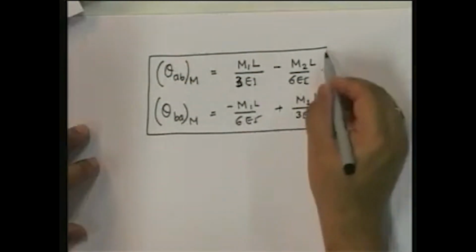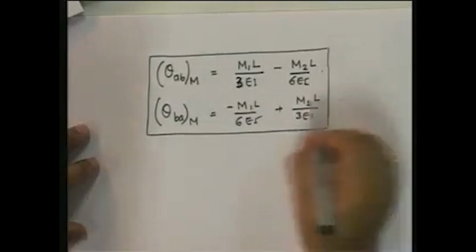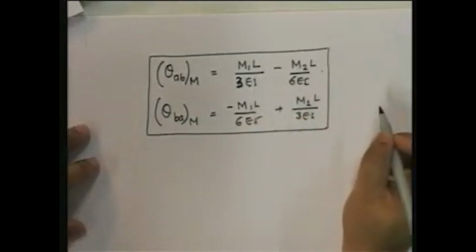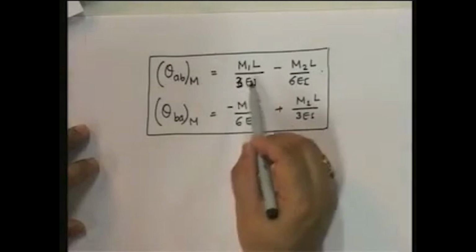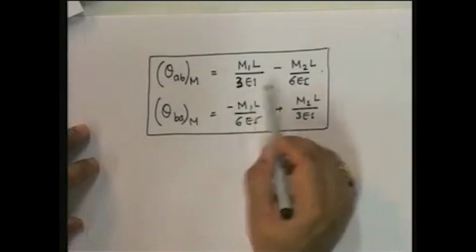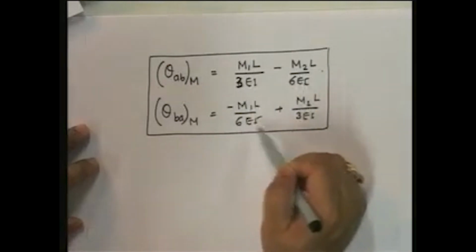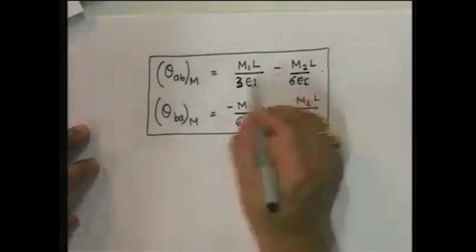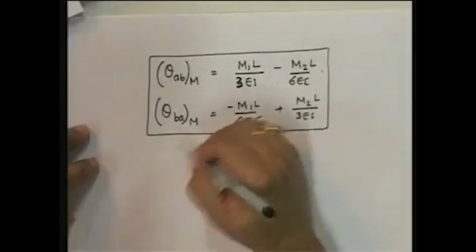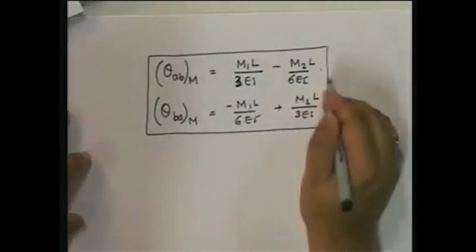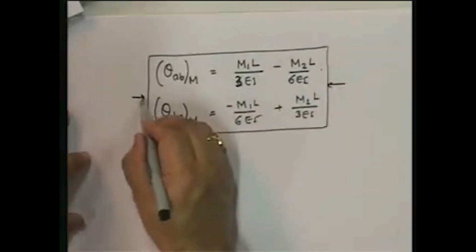Now note, what's the big deal about this? I already know this, don't I? Remember, we computed it last time: L upon 3EI, L upon 6EI, L upon 6EI. I've already done this, I used this to obtain the slope deflection equation, and I've got the same thing.